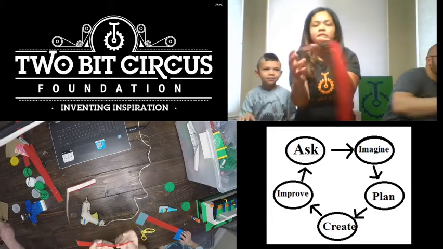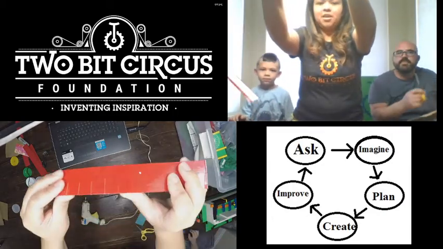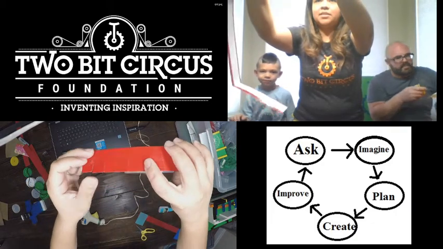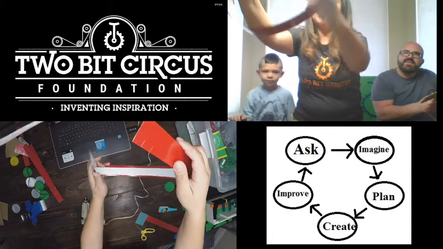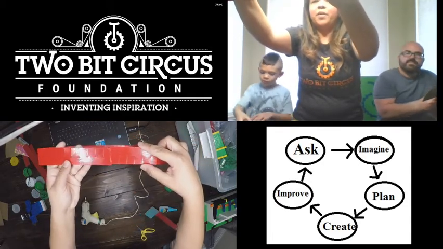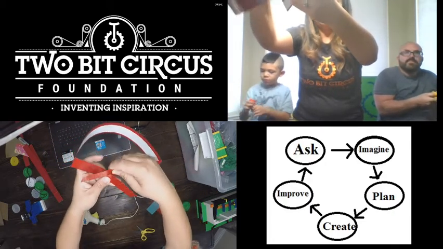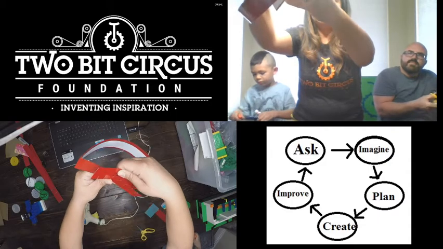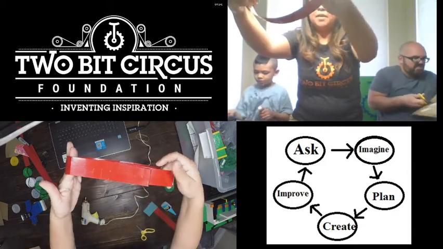Alright, so what I've done is, where are we? Here. So I've cut different little pieces here. And on the opposite side, I did them the other way around. That way when we're trying to put the headband on, you just interlock these two. And then that's your headband.